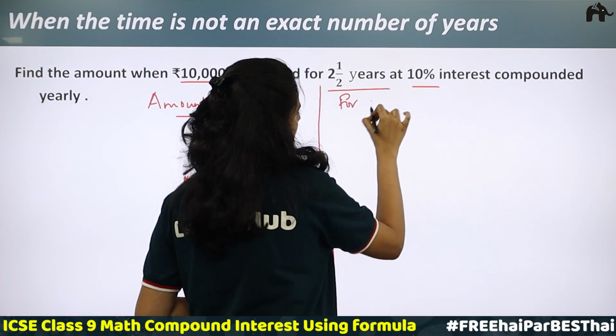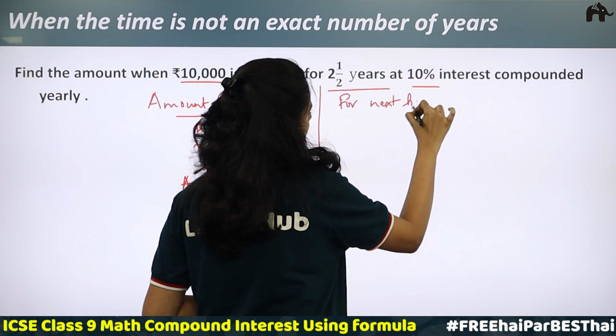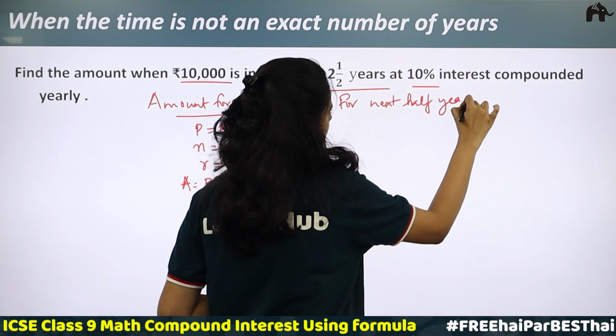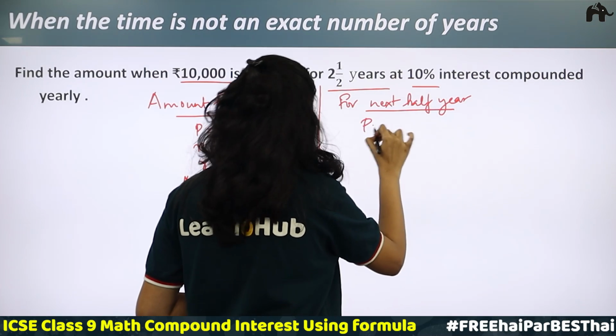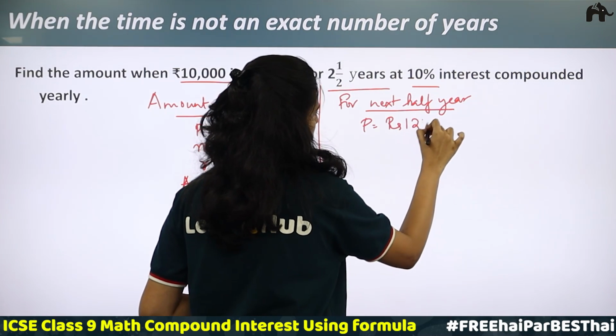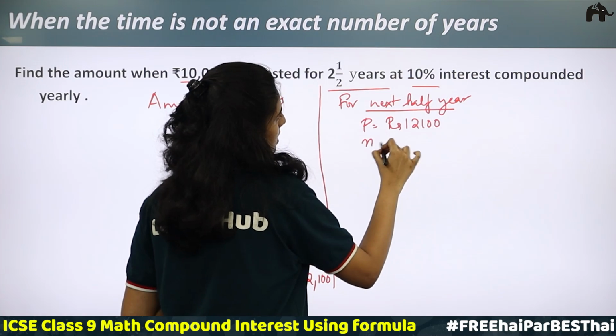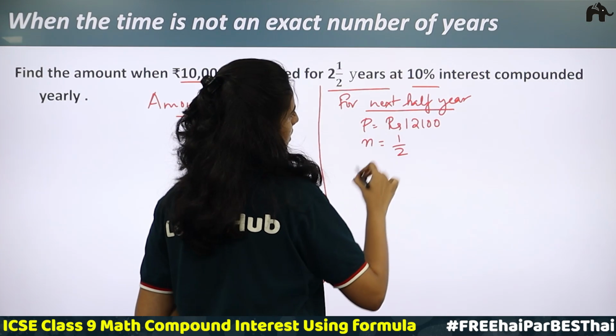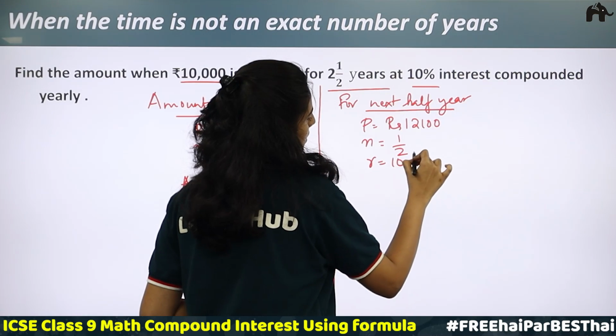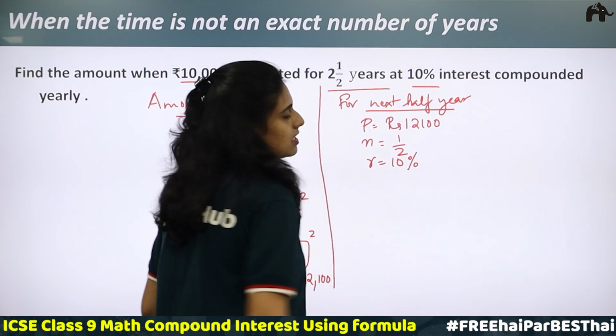For the next half year, principal is rupees 12,100. N is equal to half. Rate of interest is the same, that is 10%.